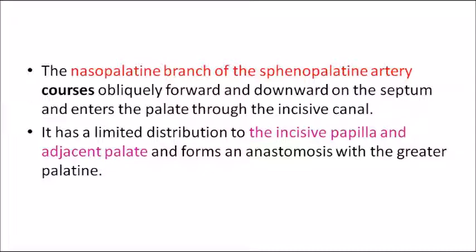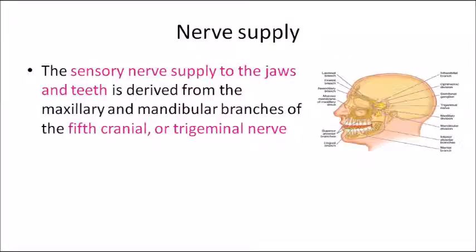So the nasopalatine branch supplies the anterior palate and the incisive papilla, and also forms an anastomosis with the greater palatine artery. So we have seen the vascular supply to the dentition and the jaw.